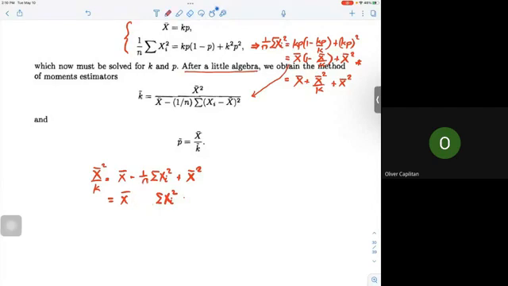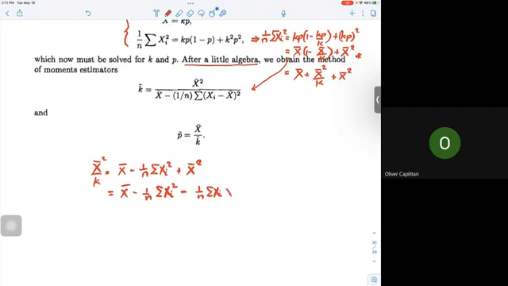Say 1 over n, 1 over n, then we have minus 1 over n, the summation of xi, and then we have here x bar. Okay? That should be plus, plus. And then after that, we could have a sample mean.